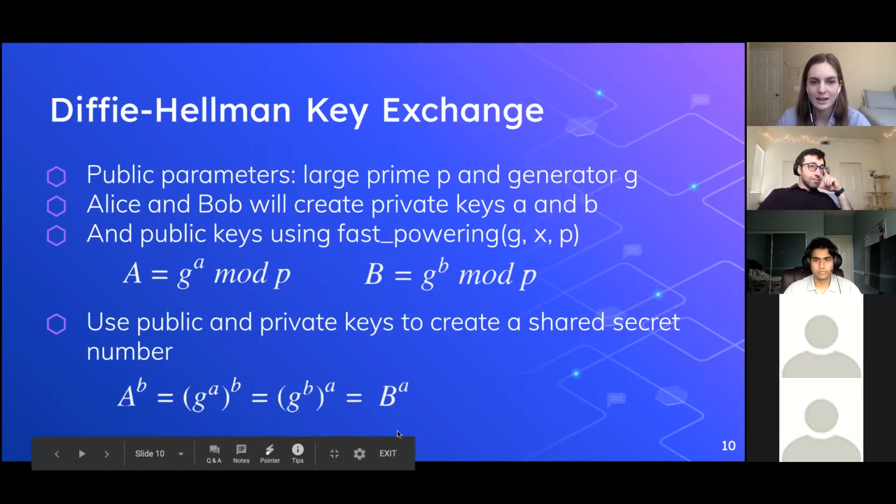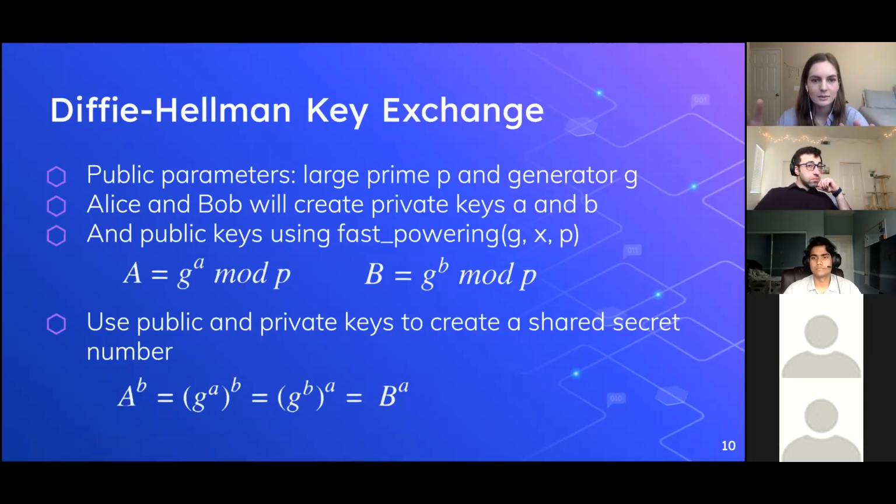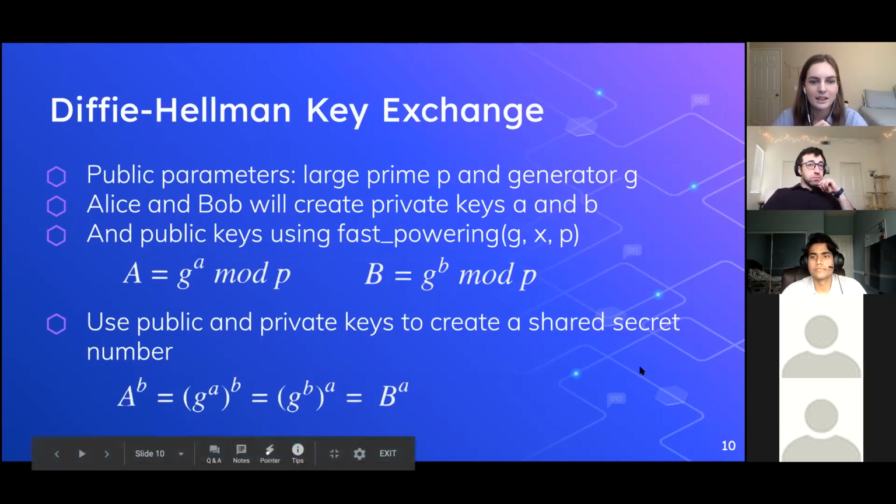And so you could see by just rules of exponents that these turn out to be the same number. So now we have a way where Alice and Bob can share some information out to the world, keep their private keys private, but still be able to have a common ground, which is this shared secret number that they can then use later on. And now Shantanu is going to talk about a way that this can be used in message exchange.